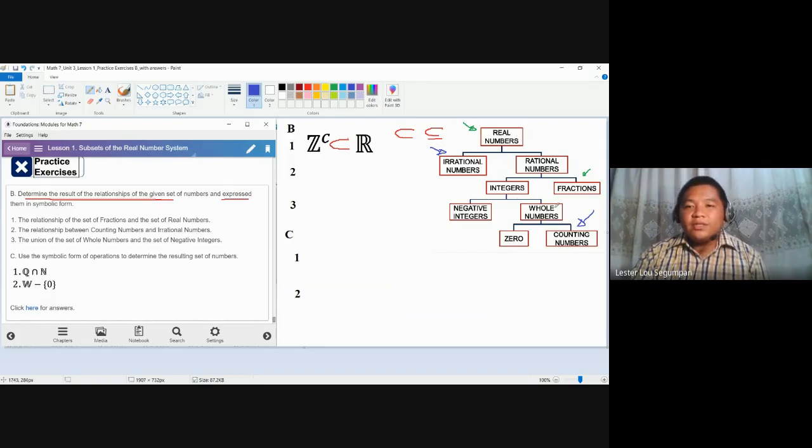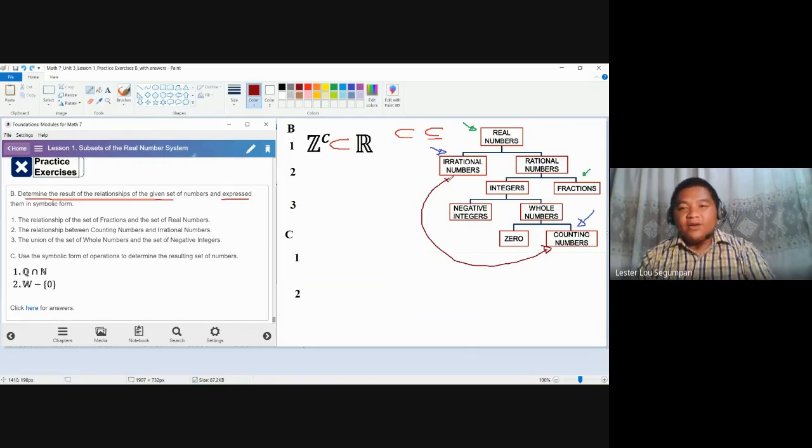Counting numbers are also a subset of integers because whole numbers are also a subset of integers, and counting numbers are also a subset of rational numbers. But there's no direct link between the irrational numbers and the counting numbers. Counting numbers are rational numbers, therefore they cannot be irrational numbers.